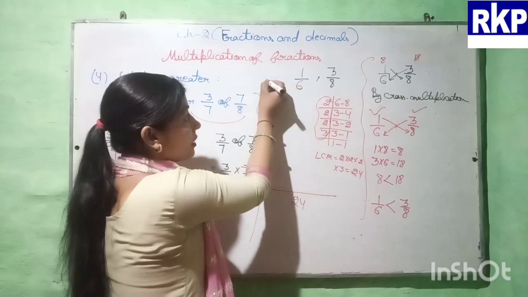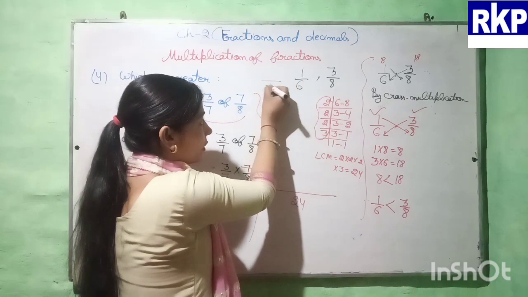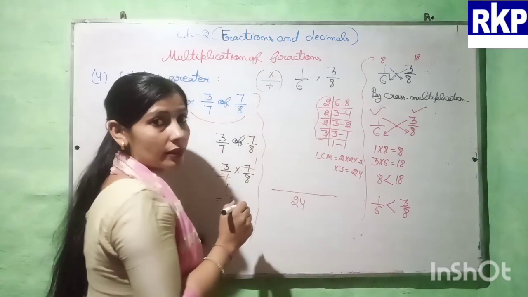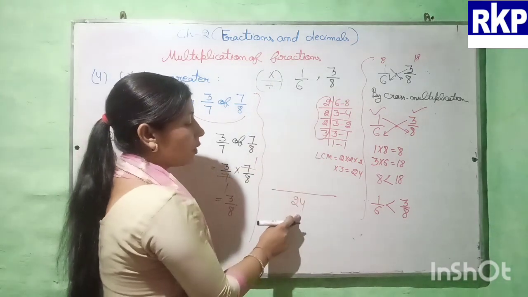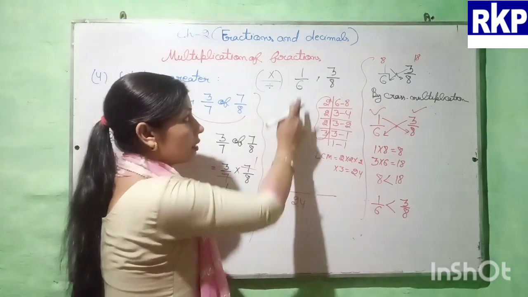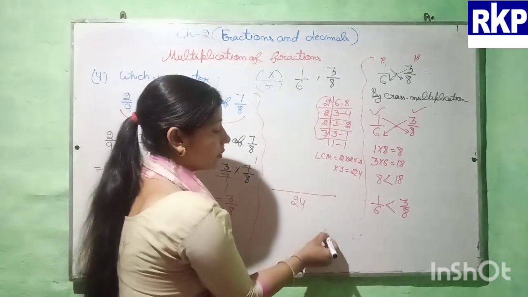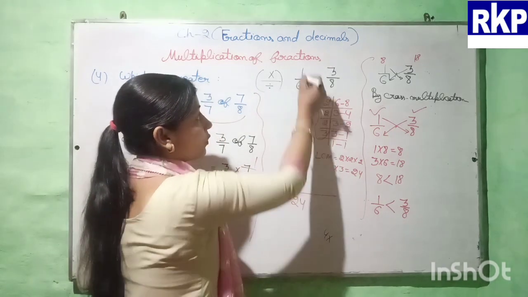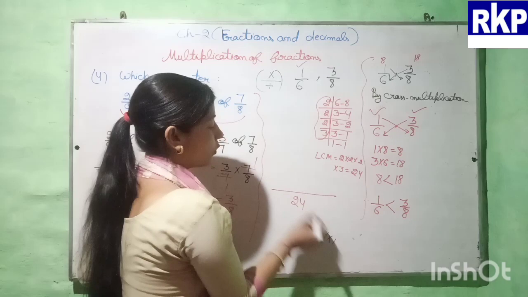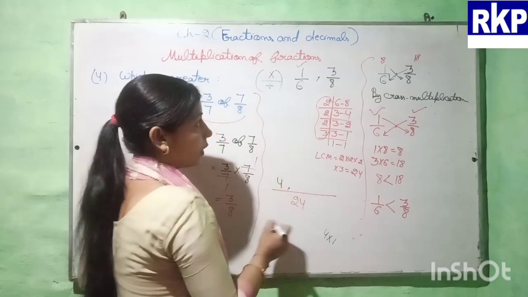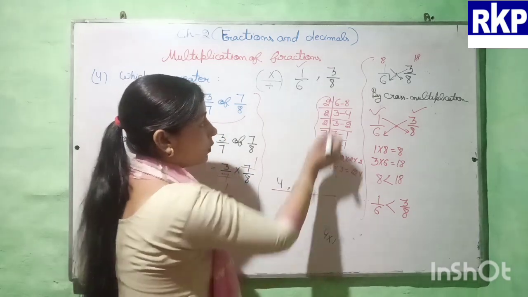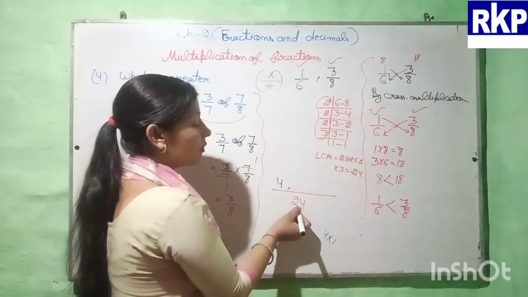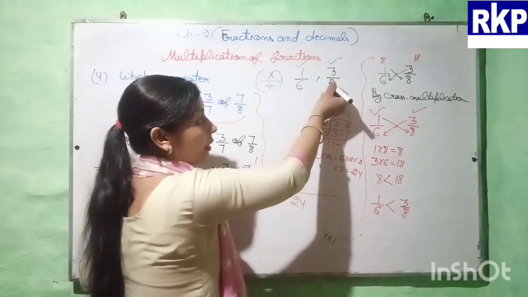Now here write LCM, that is 24, and now we have to divide this 24 with the denominator, and then multiply the result with the numerator. So here we have to divide this 24 with 6, so we get 4 after dividing, and then we have to multiply this 4 with the numerator. So 4 1s are 4. Now put a comma here. Now we have to solve this second fraction. So now we divide this 24 with 8.